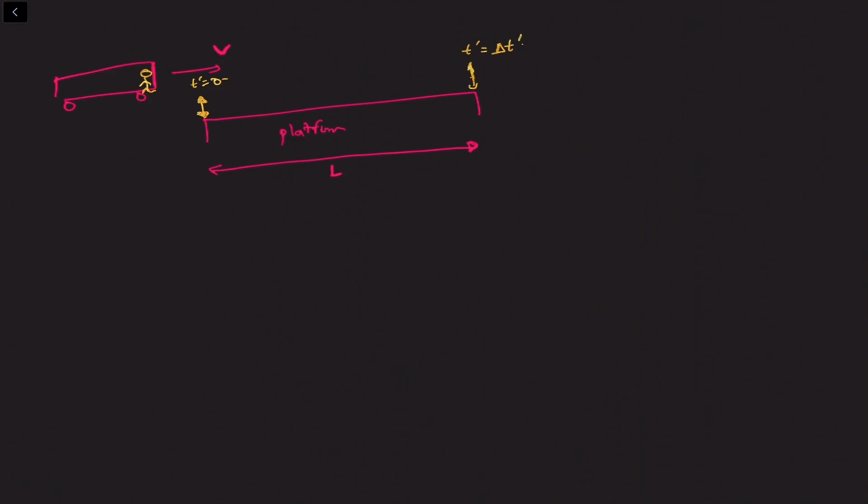And since they see the platform going in the opposite direction relative to them, they would conclude that the platform has a length L prime, which is v times delta t prime. Okay, so this would be the length measured by the train observer.